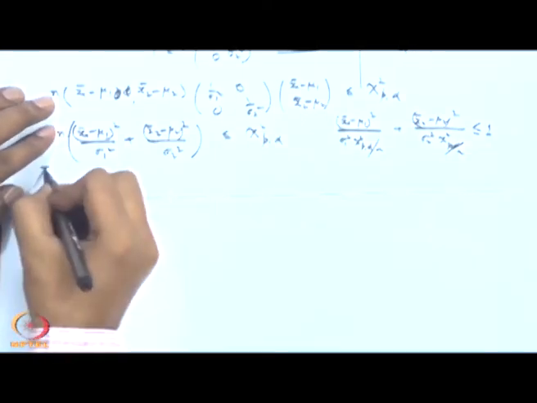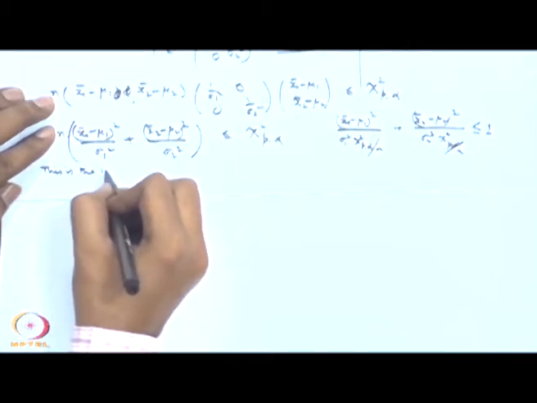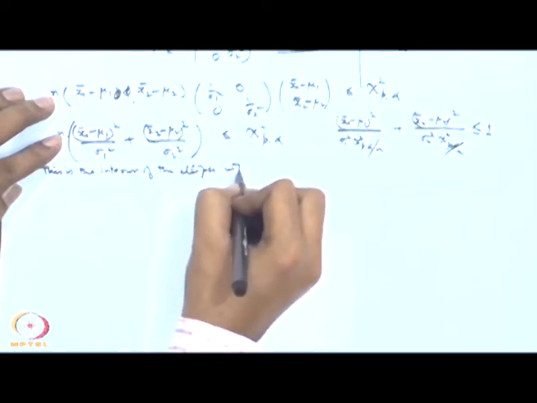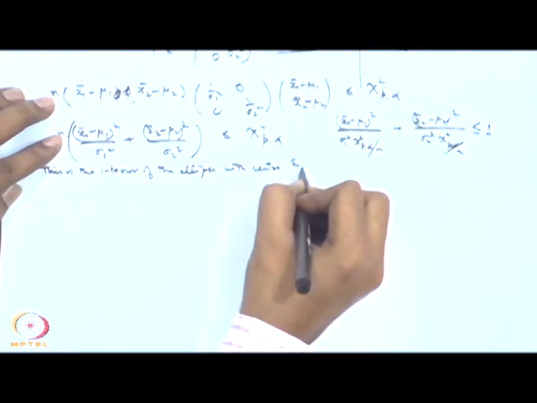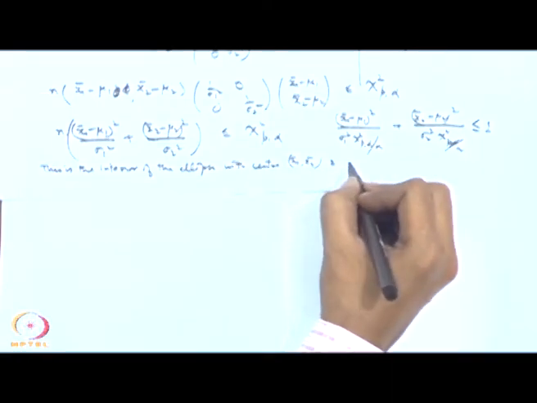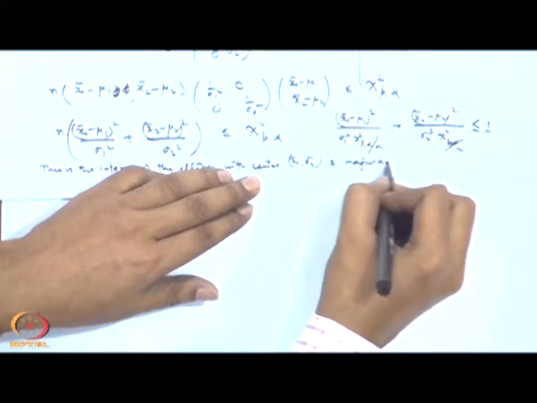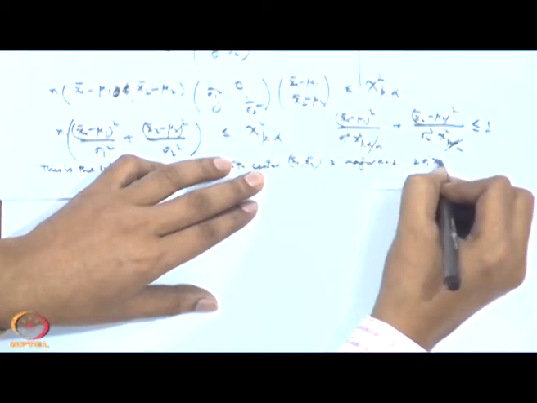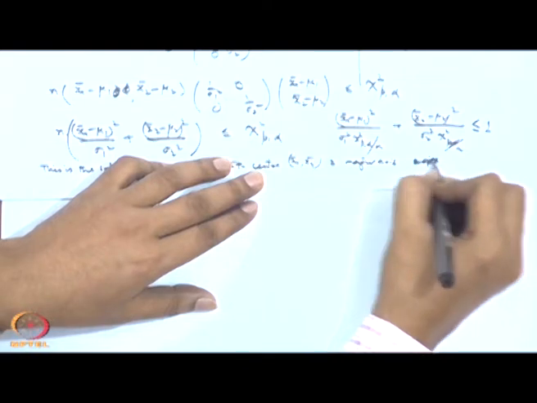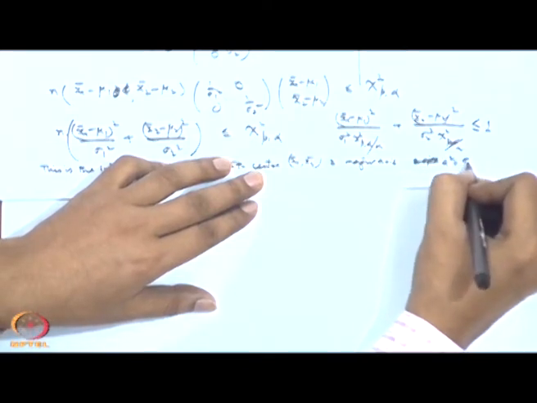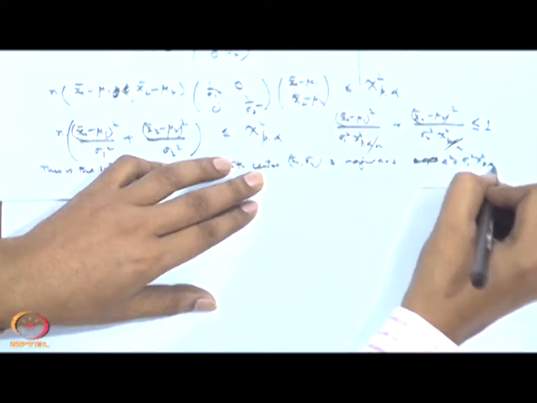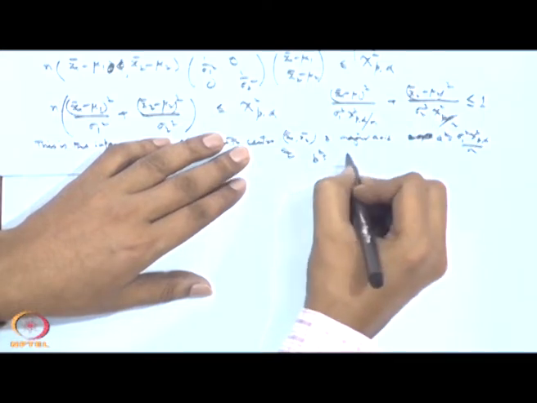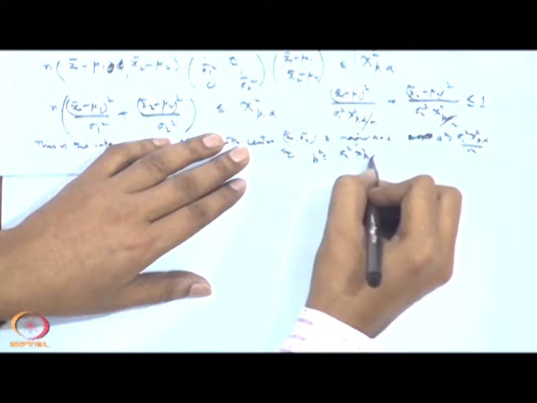So, this is the interior of the ellipse with center x 1 bar x 2 bar and major axis equal to twice a, where a square is equal to sigma 1 square chi square p alpha by n, and for minor axis you are getting b, where b square is equal to sigma 2 square chi square p alpha by n.